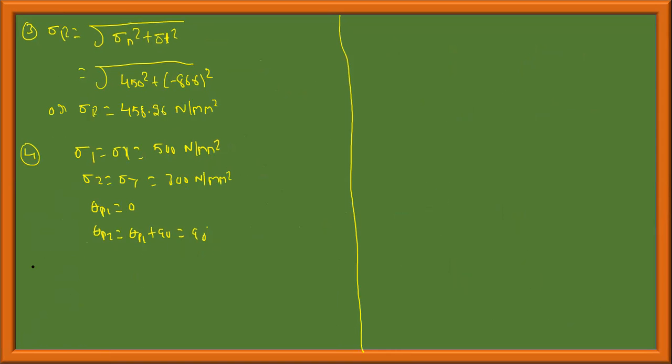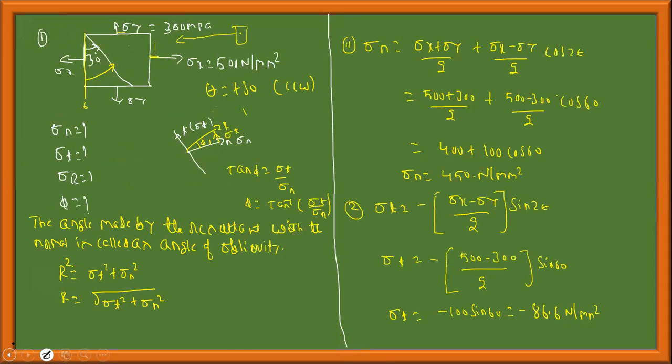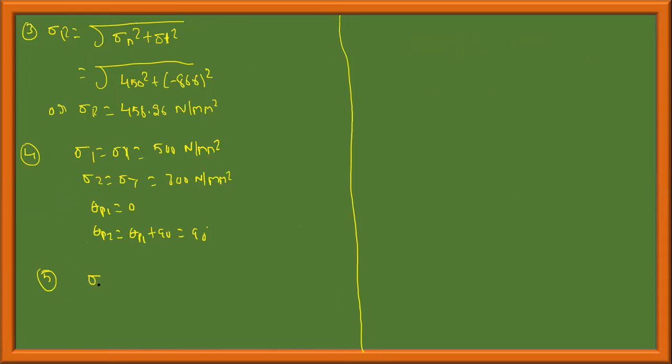Now, in order to calculate the maximum shear stress, sigma t is equal to minus of sigma x minus sigma y by 2 sin 2 theta.